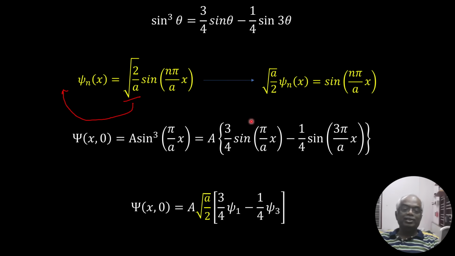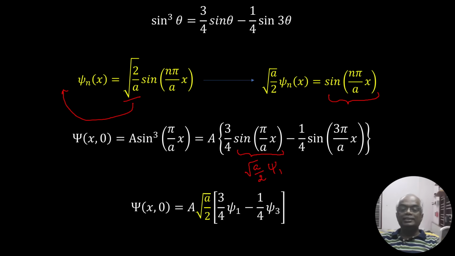What is sin pi by a x? It is equal to square root of a over 2 psi 1.